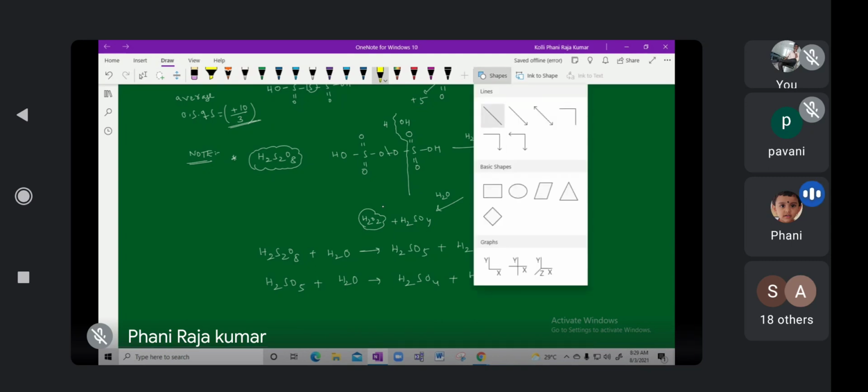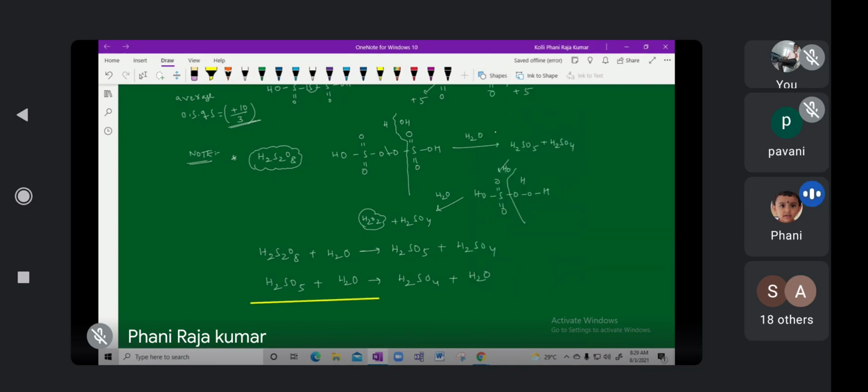If we add both reactions, we are getting complete hydrolysis of Marshall's acid. That is H2S2O8 plus 2H2O gives rise to 2H2SO4 plus hydrogen peroxide.